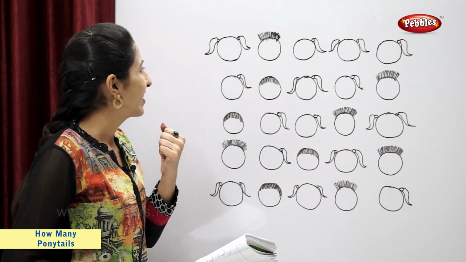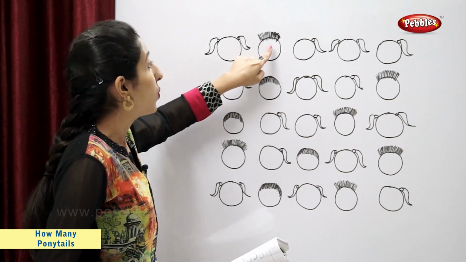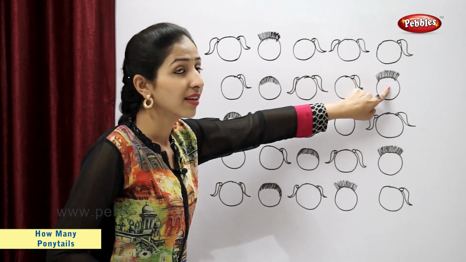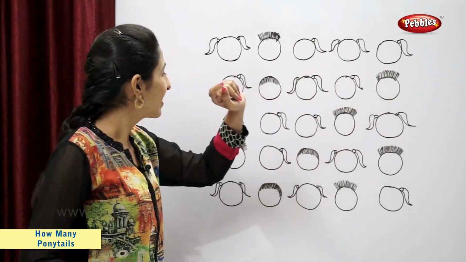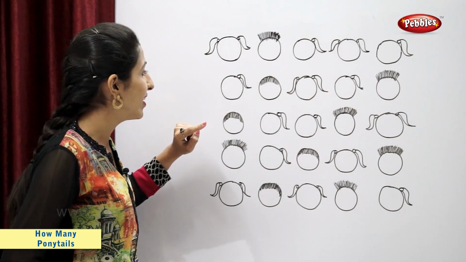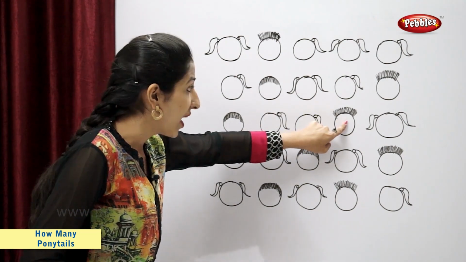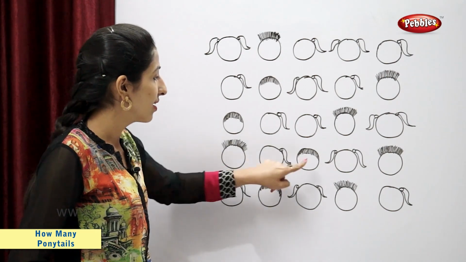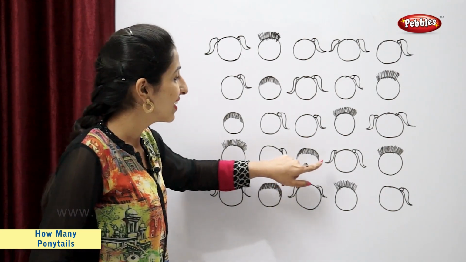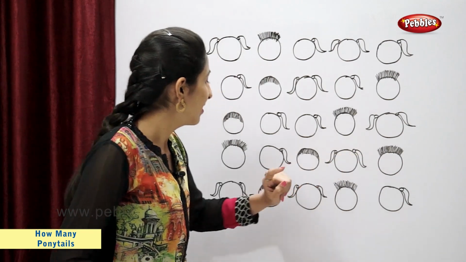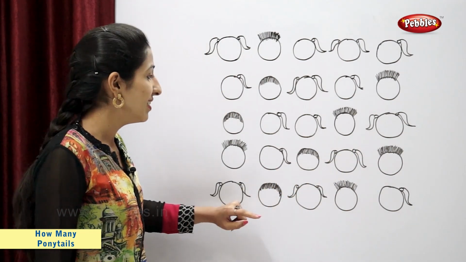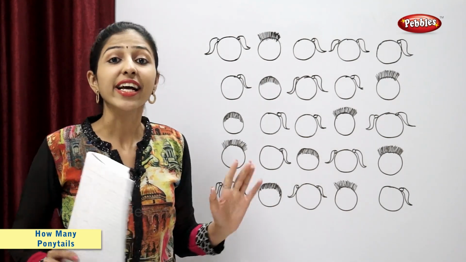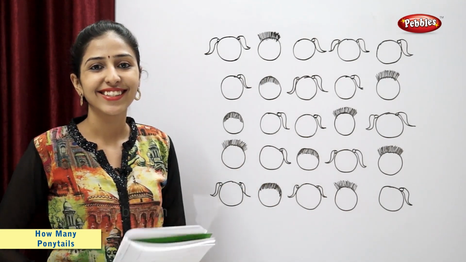Let's count. 1, 2, 3, 4, 5, 6, 7, 8, 9 and 10. So, there are 10 boys in the class.